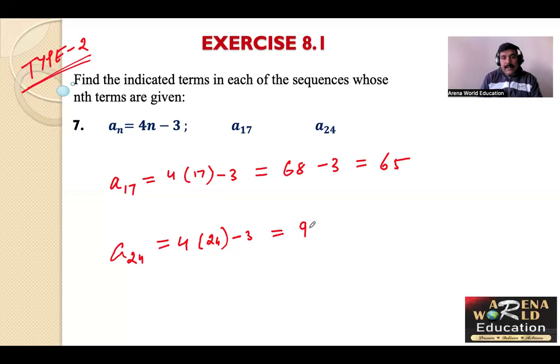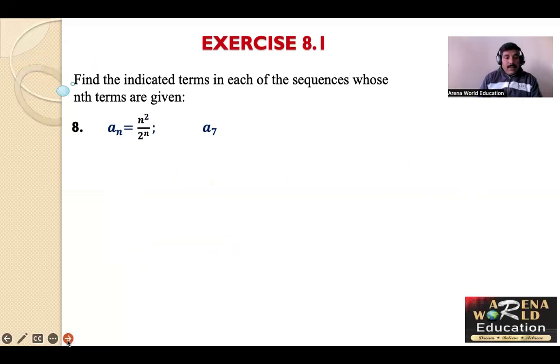So this will be 96 minus 3, and yes, it will be 93. So 65 and 93 will be the required 17th term and 24th term. So let us move to another question, 8th question.